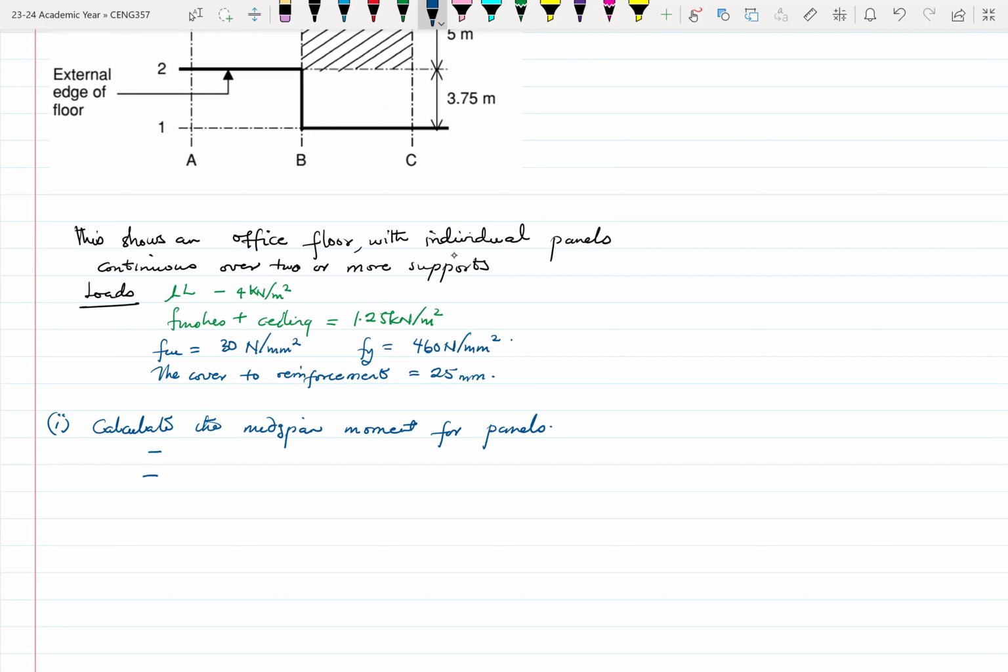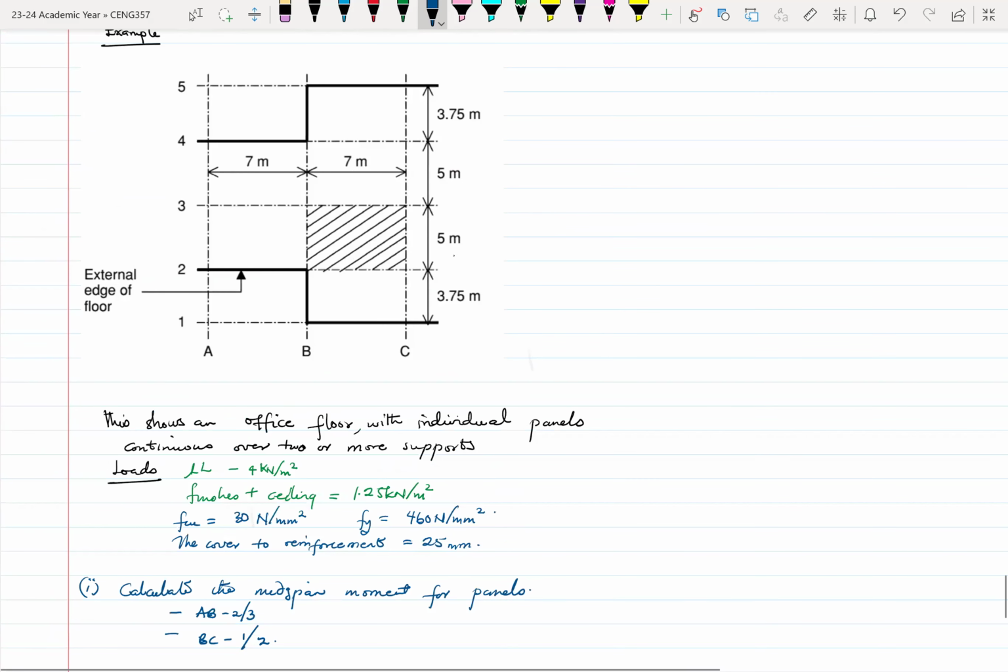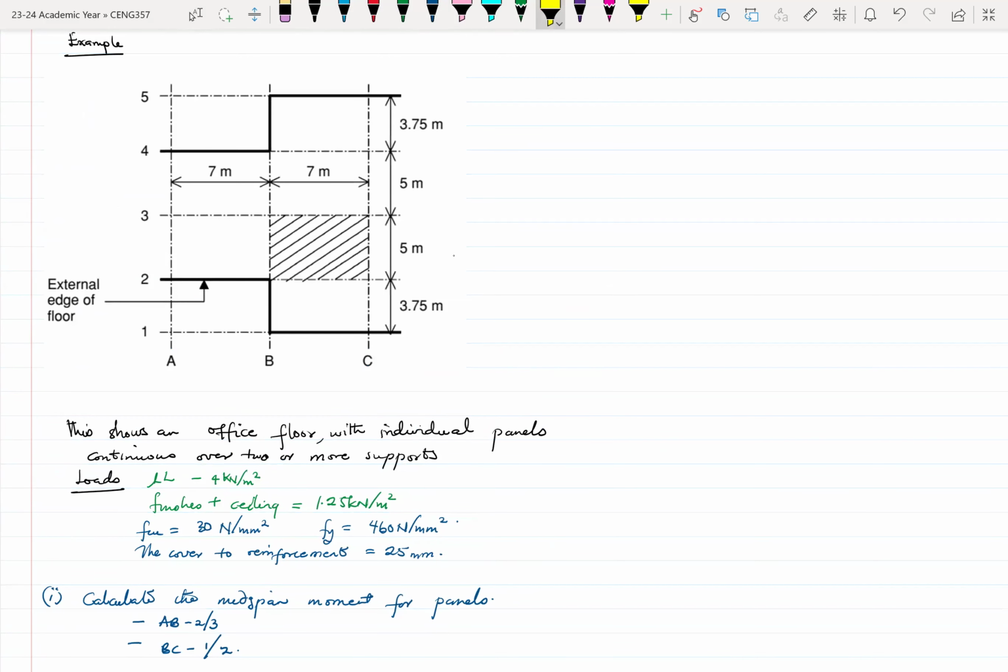We have two panels to look at, panel A, B, 2, 3, and then panels B, C, 1, 2. So now let's look at what these panels are. Let's just shade them. Panel A, B, 2, 3 will be this panel right here.